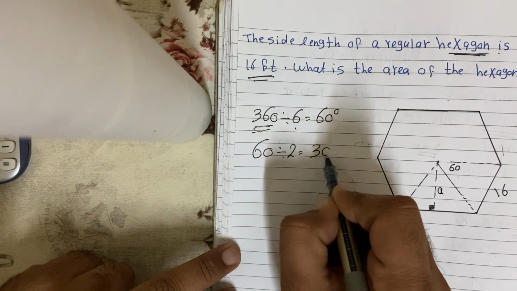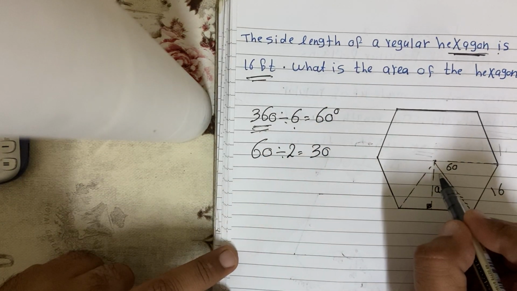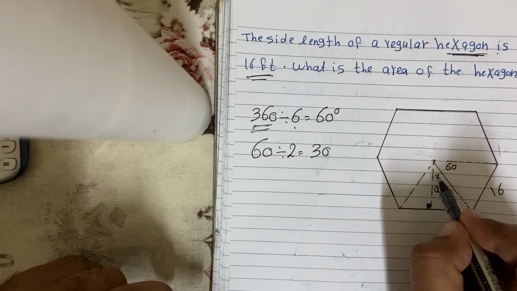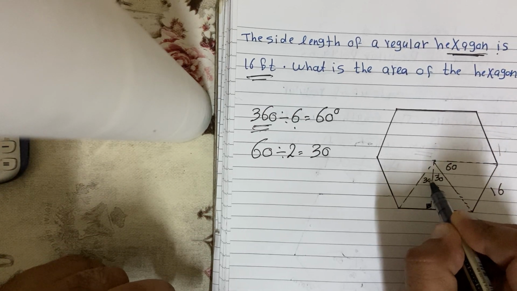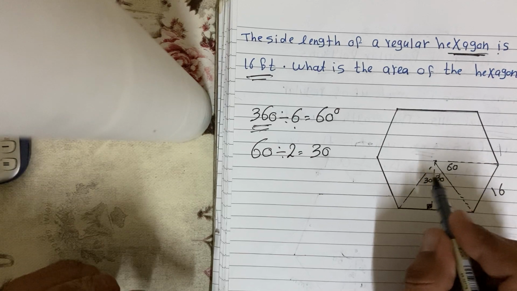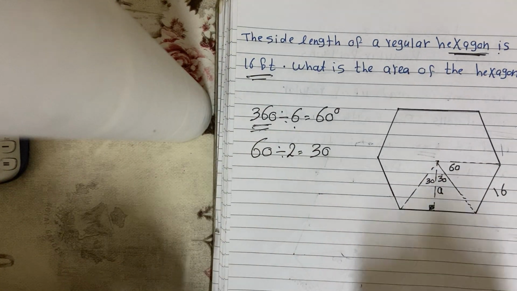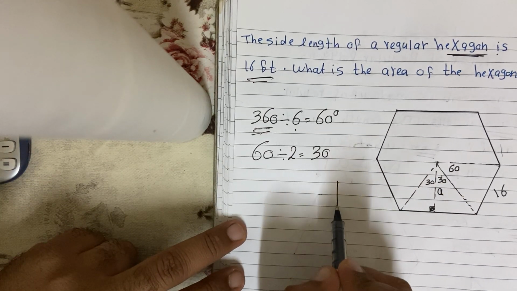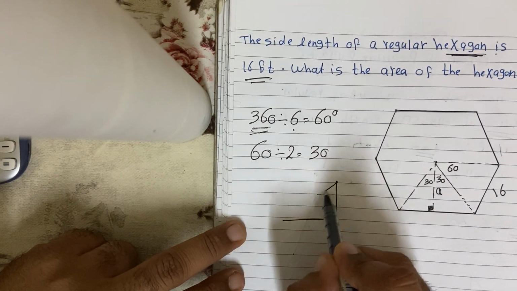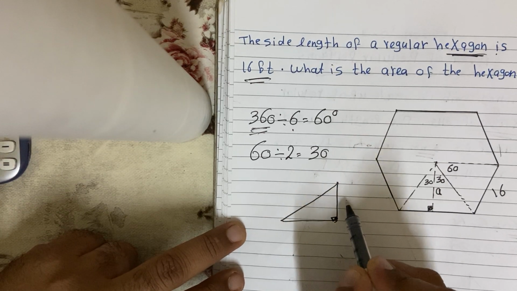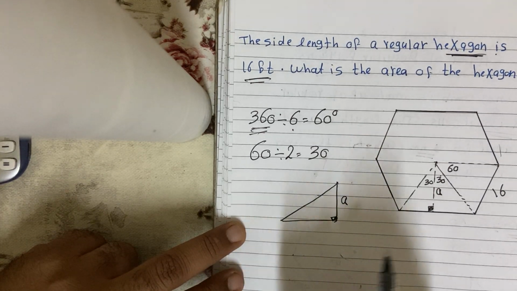It will be 30, because the apothem divides the vertex angle into two congruent angles. Let's draw this triangle outside because we are going to use it. This is the apothem. We need to find this side.